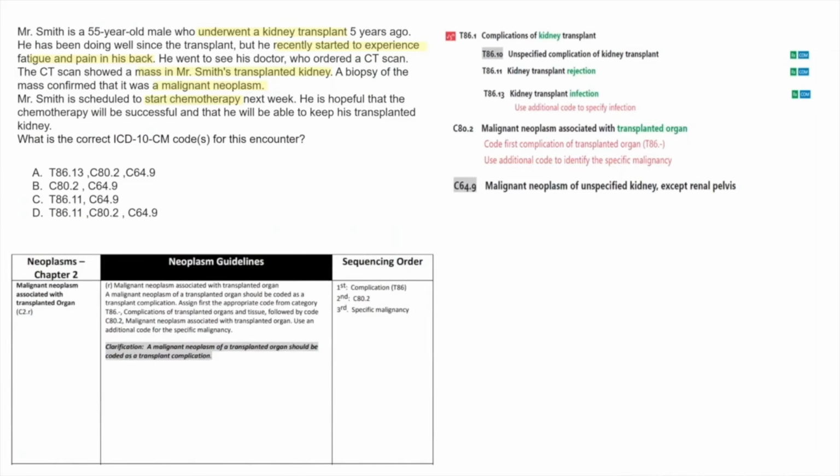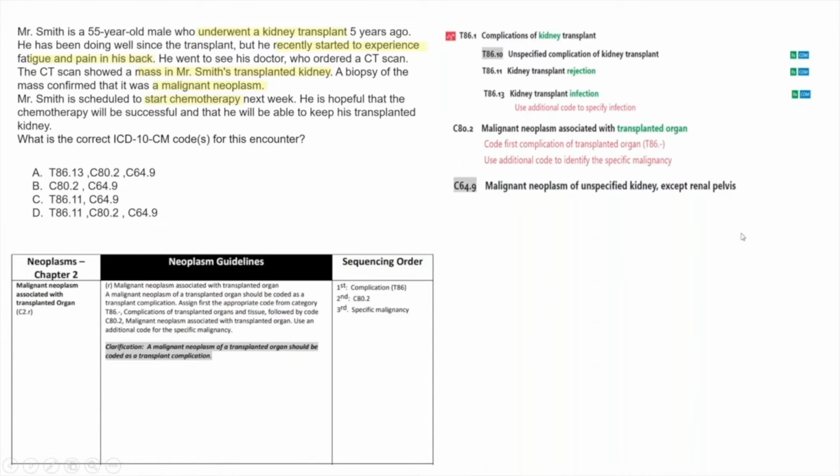Just in the previous slide, we discussed the guideline on neoplasm associated with the transplanted organ, and the guideline was C2.R, which stated the sequencing order for a patient with malignant neoplasm associated with the transplanted organ. First, we would assign a T86 complication code, followed by C80.2, and third would be the specific code for the malignancy.